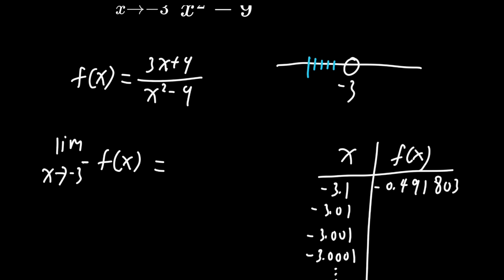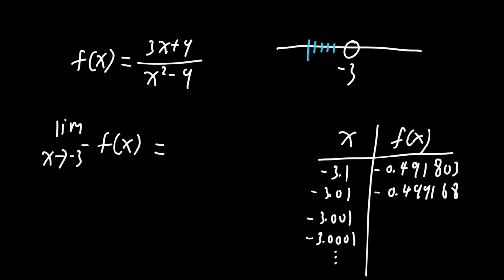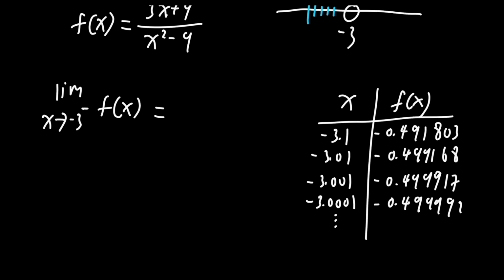And the second one is -0.499168. As I write these numbers, you may want to see the trend, what the pattern is. 0.499917. The last one is -0.499992.